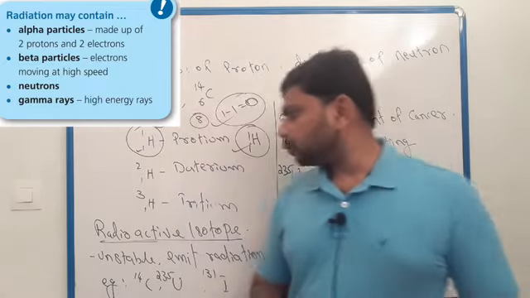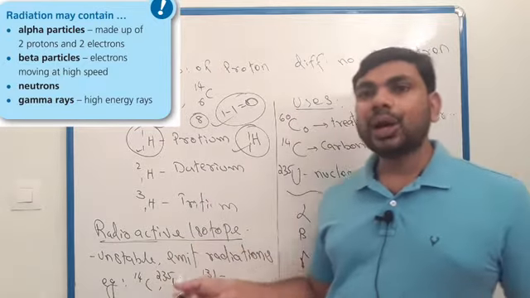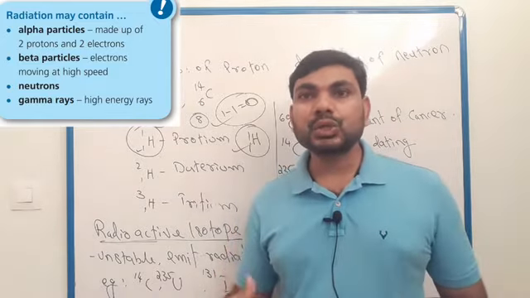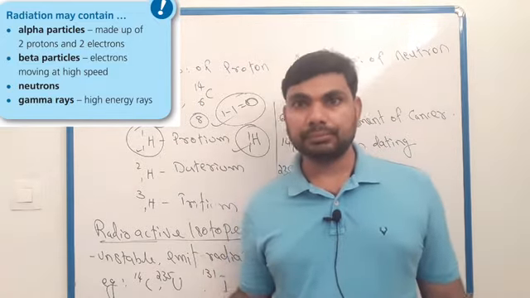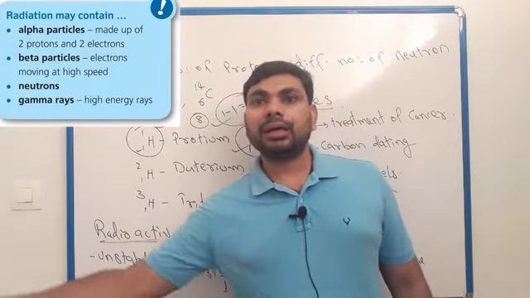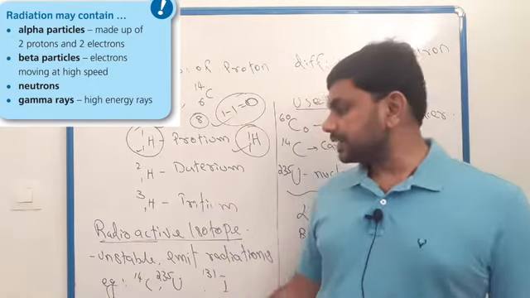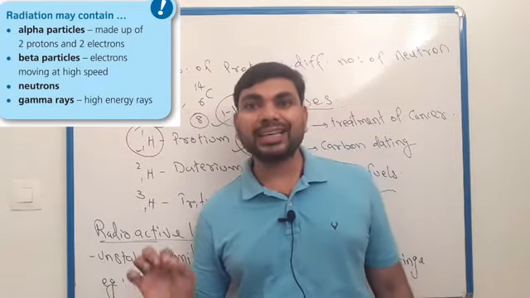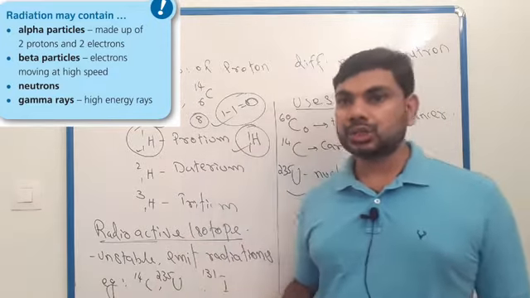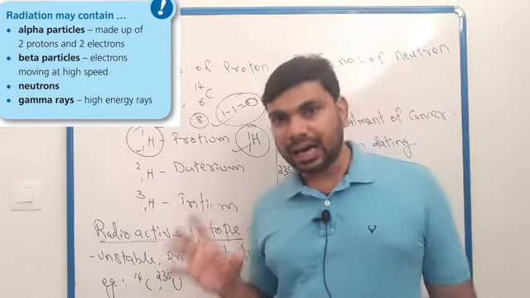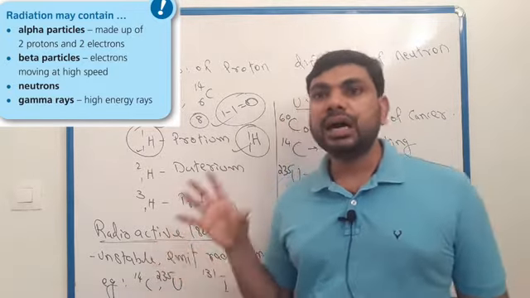After that, we have to understand radioactive isotopes. Radioactive isotope means some isotopes are not stable. They will not stay the same over time. For example, here carbon-14 is a radioactive isotope. Radioactive isotope means this carbon-14 atom emits radiation.